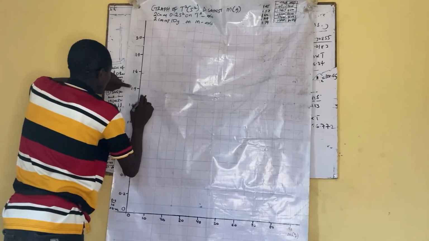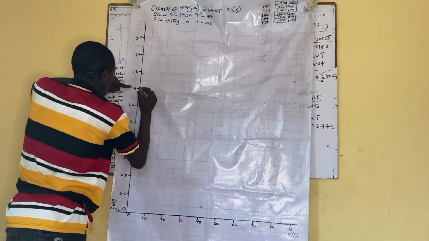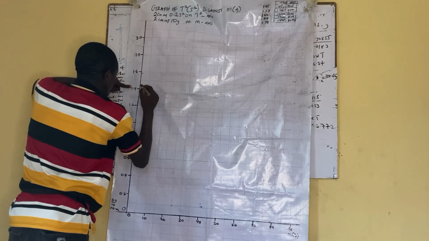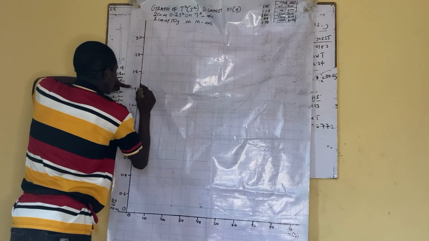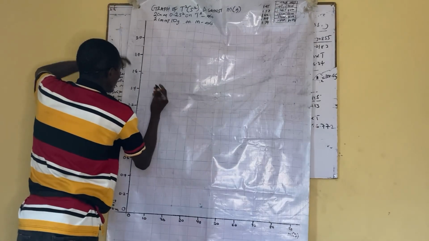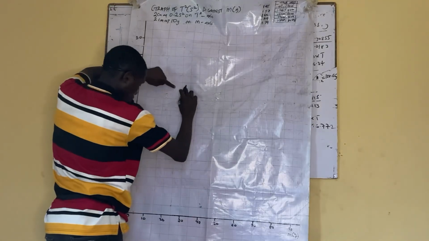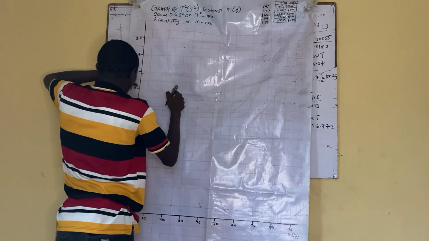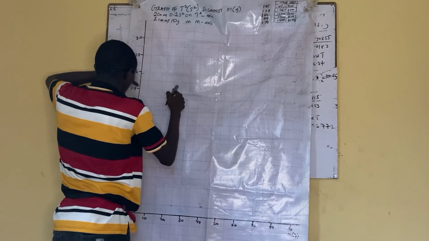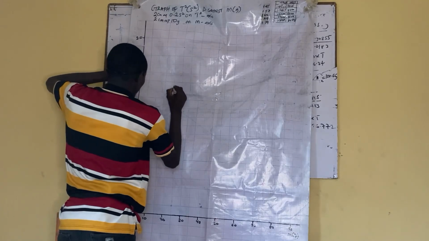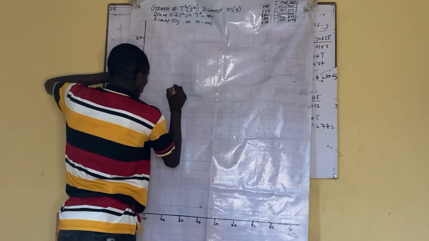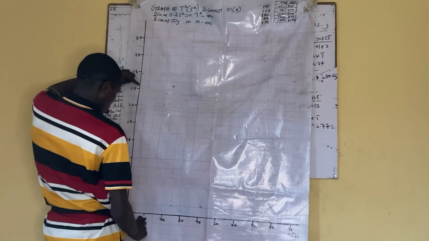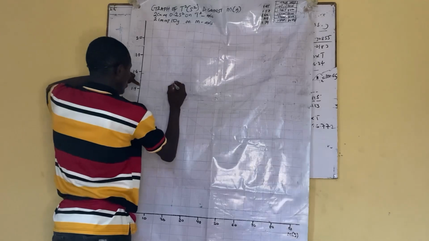So this one will be 1.42, 1.44, 1.46. In between 1.46 and 1.44, there will be 1.45, against 20. Don't forget 10, 20. So 20.